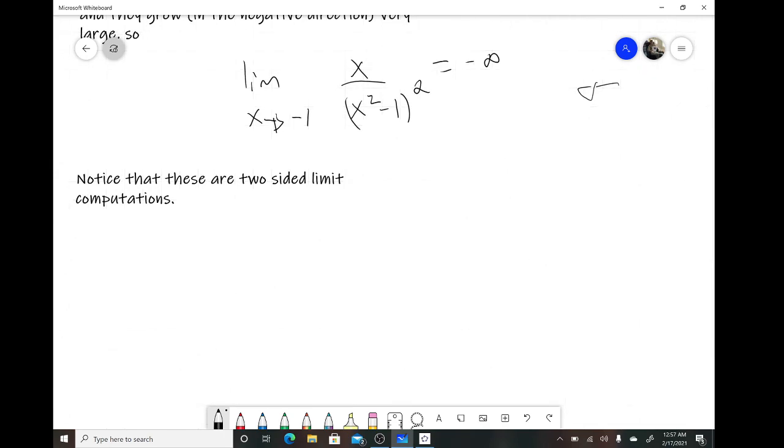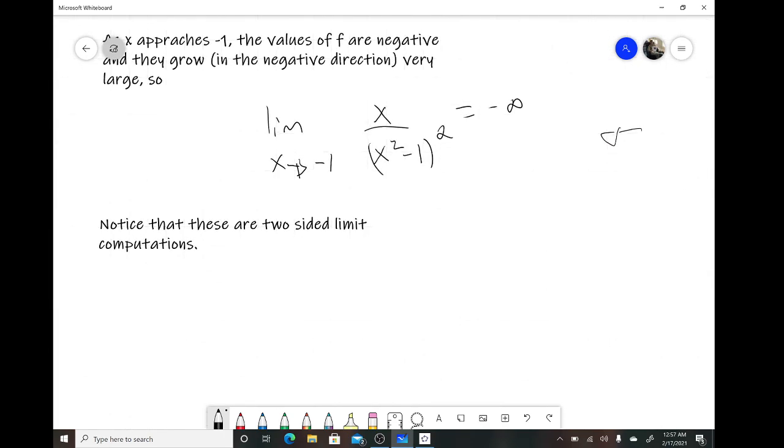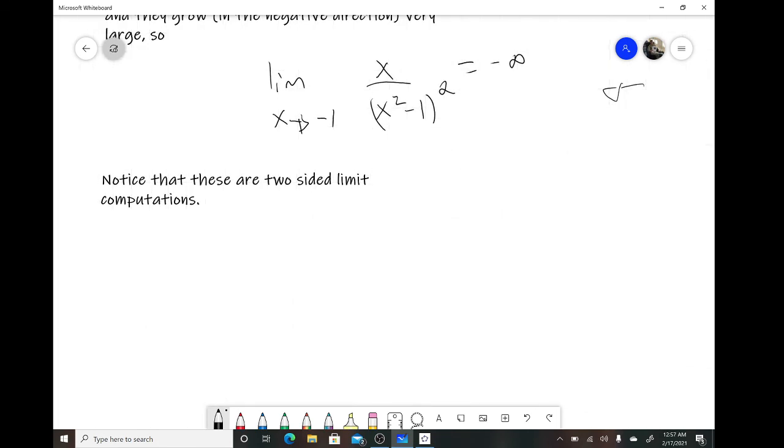So, I guess I'll call it an analog to what we were doing in the last class, when we defined whether the two-sided limit exists or not.